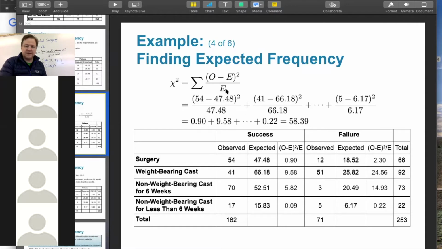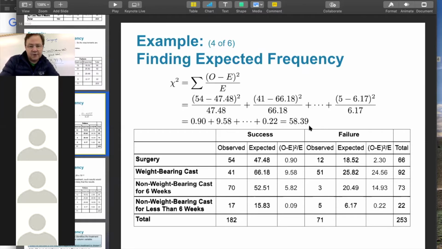The E means divide by the expected number, not the observed, but the expected, 47.48. And you do that each step along the way. For example, for weight-bearing casts, 41 observed successes compared to the 66 expected. If you square the difference and divide, you get 9.58. And the dot, dot, dot, I just didn't take the time to do that literally for all of them. But if you did, the sum of all these expressions, remember sigma means sum, will add up to 58.39.